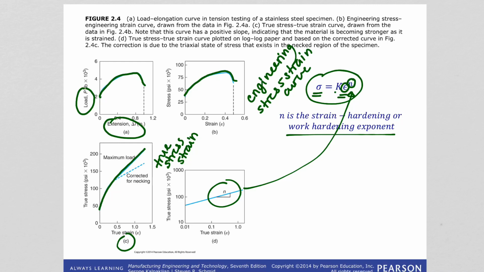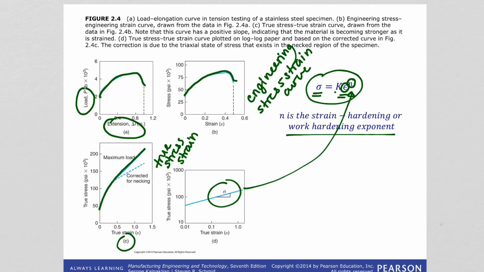That means the greater the strain hardening capacity of the metal, meaning the stronger and harder it becomes as it deforms. So we know that when we deform the material, it gets stronger, right? And this is called strain hardening. As you work on the sample, as you keep deforming the sample, you are increasing the strength.